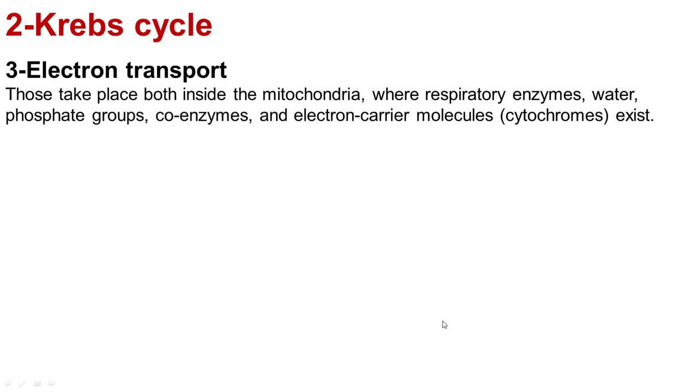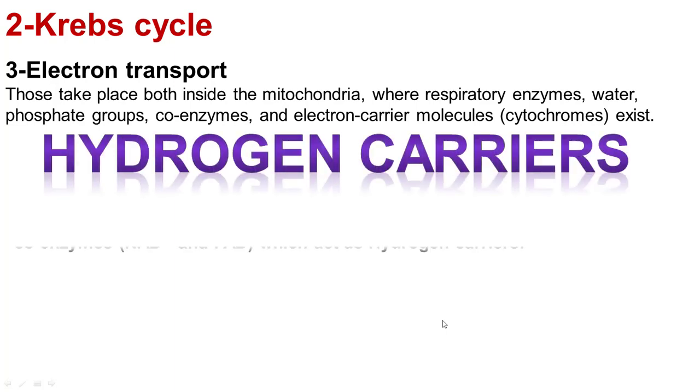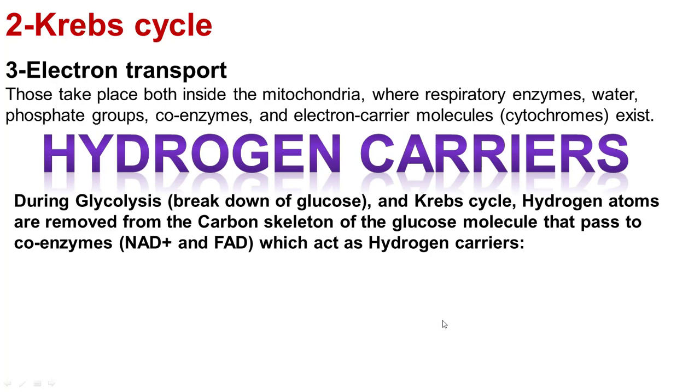Oxygen here, we will know if it's important or not and where it's important. Hydrogen carriers: during glycolysis, the breakdown of glucose, and the Krebs cycle, hydrogen atoms are removed from the carbon skeleton of the glucose molecule and passed to the coenzymes NAD and FAD.